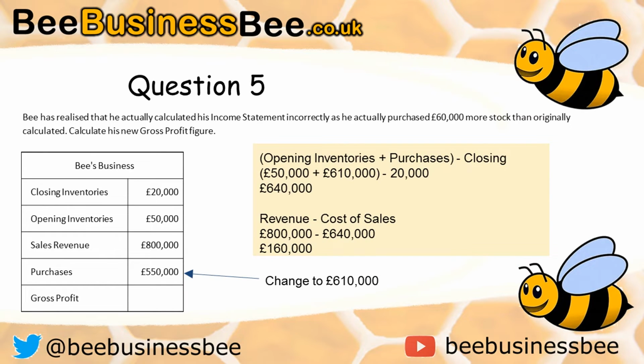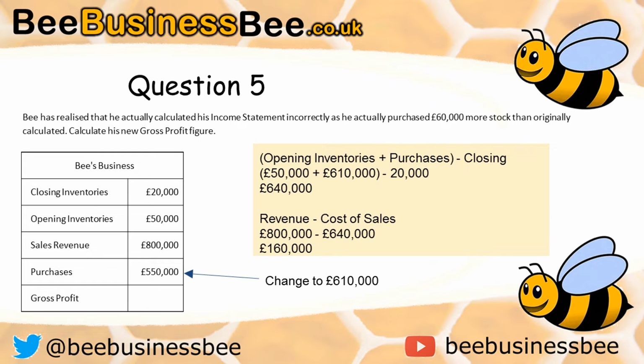Now in question 5, you're asked to make some changes to this. One of the changes was going to be the one where B actually purchased more stock. So you had to change the £550,000 to £610,000. What that did is just change the formula. So opening inventories, you got your £50,000 plus your purchases, which now became £610,000 minus the £20,000, which would give you £640,000.